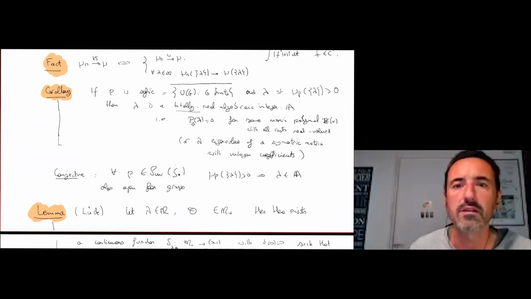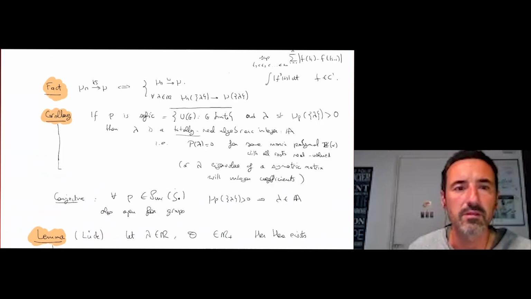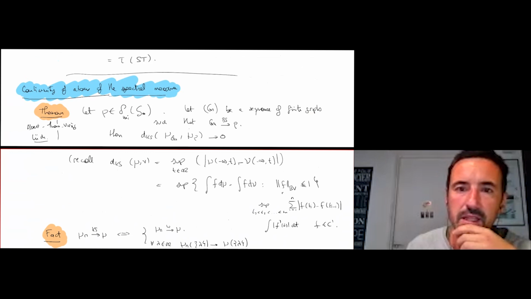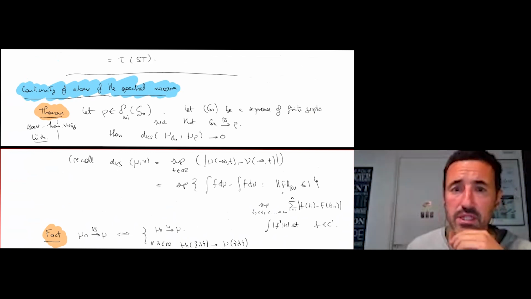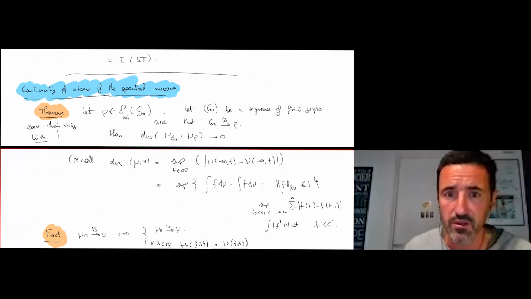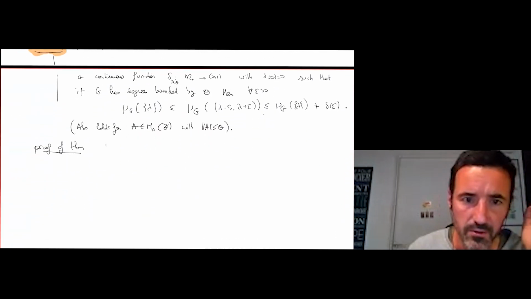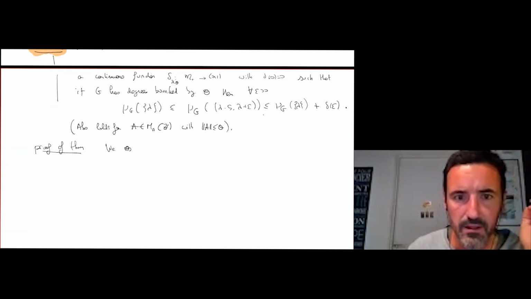So the theorem is, where is it? Yes, here. If you have a sequence of finite graphs which converge in the Benjamini-Schramm sense, then you have convergence in Kolmogorov sense. So, proof of the theorem. We restrict to bounded degree graphs.